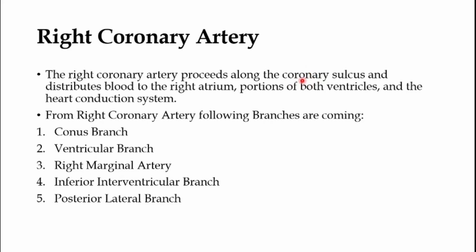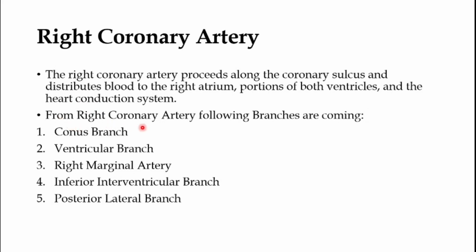The right coronary artery gives blood supply to the right atrium, portions of both the ventricles, primarily the right ventricle, a small portion of the left ventricle, and the heart conduction system. The heart conduction system means the SA node and the AV node. So the right coronary artery is also supplying blood to the SA node.